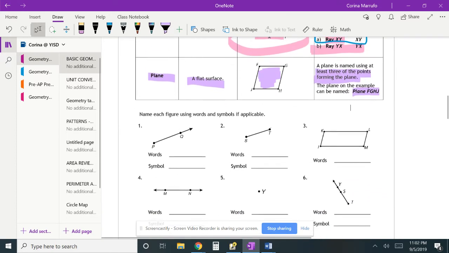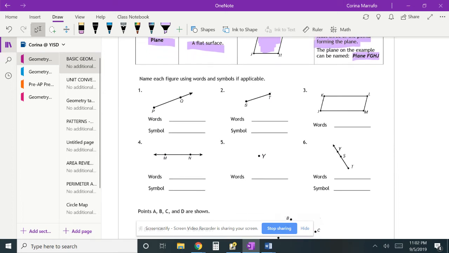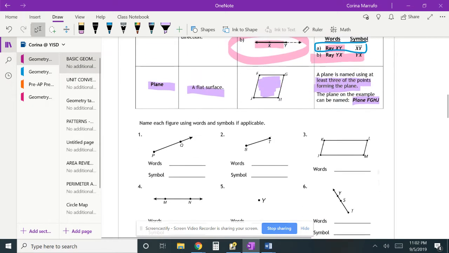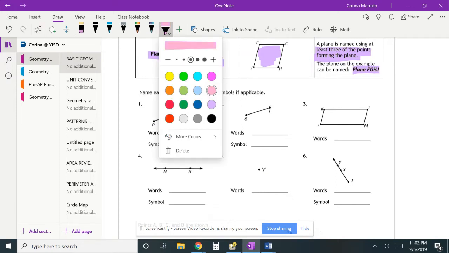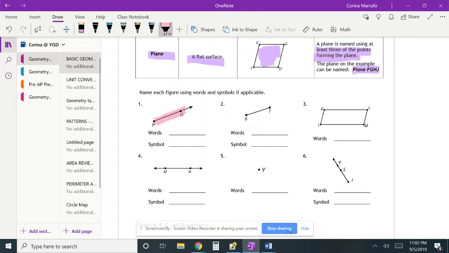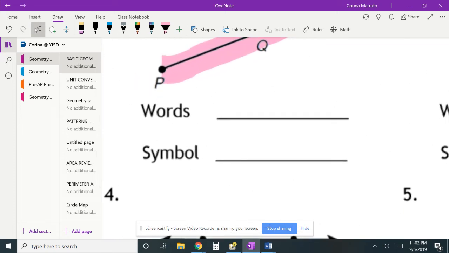So here it says name each figure using words and symbols if applicable. So if we look at this first one, it is going to be a ray because it has an endpoint. It starts right here at point P, and then it continues on forever through Q. So in words, this is going to be ray. Let me go ahead and zoom in.